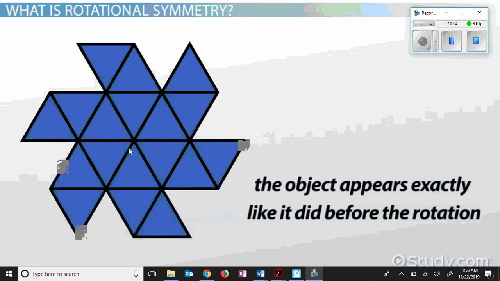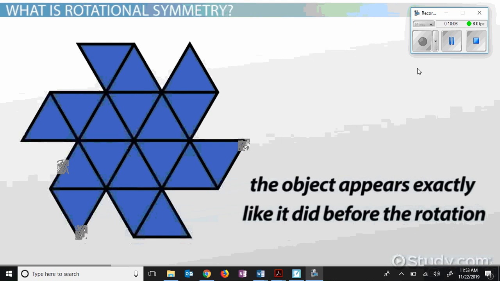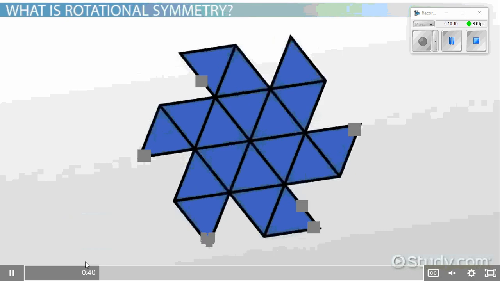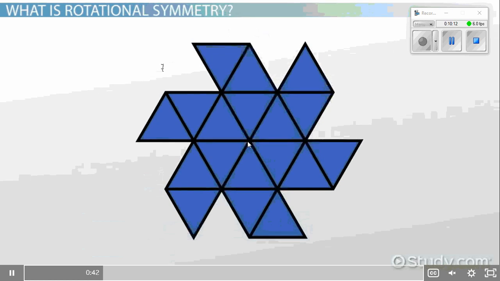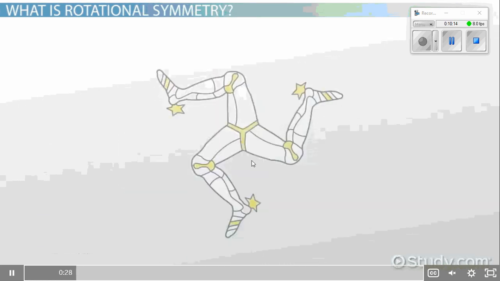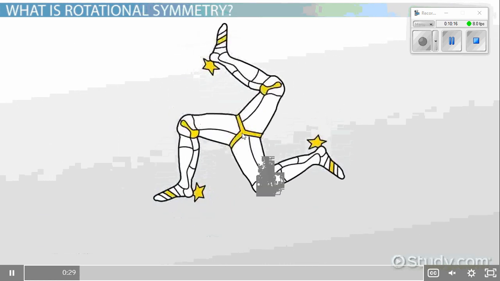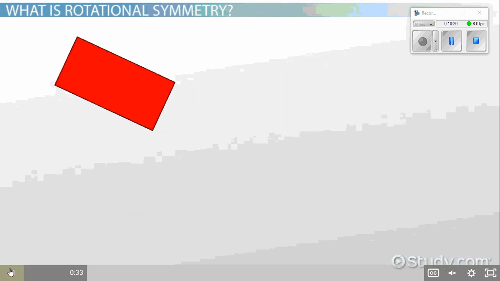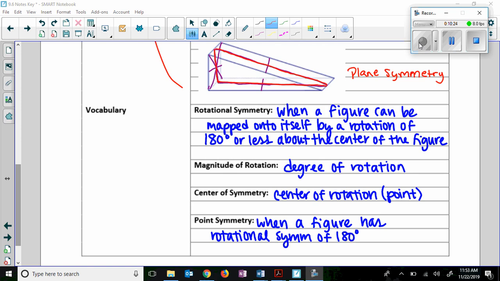Now all of these are spinning on the center of that line. Okay, so if I put like a little pin right in the center, it's just spinning around that pin. So that's what I mean by rotational symmetry. The magnitude of rotation is the same as the degree of rotation.